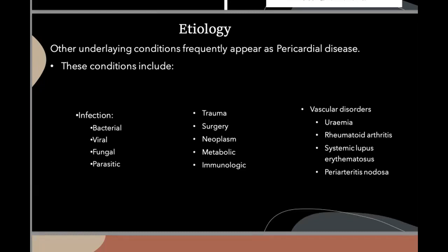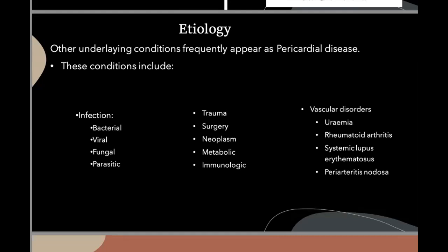And then we have neoplasm, which is different kinds of cancers. I will talk more about that too. It can be breast cancer, lung cancer, renal cell carcinoma, and we can have metabolic and immunologic complications as well.